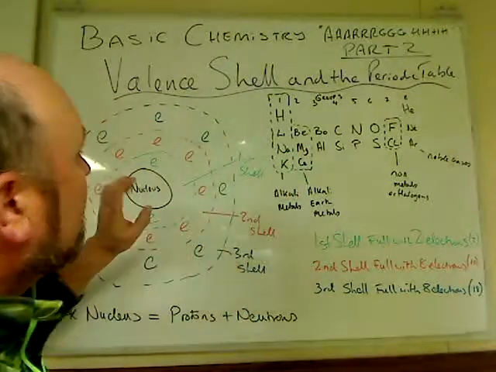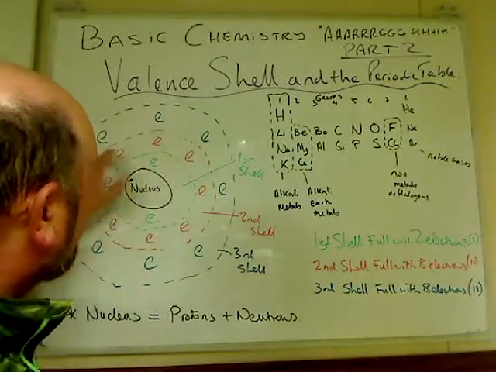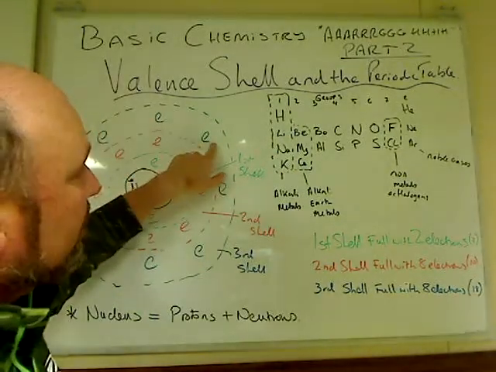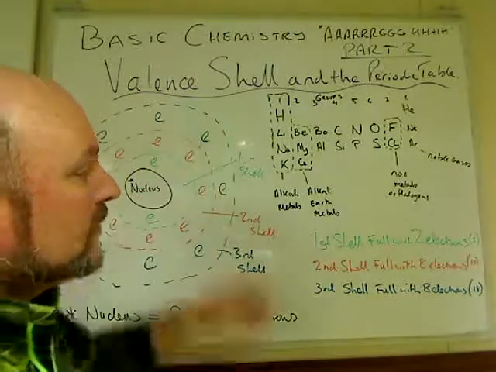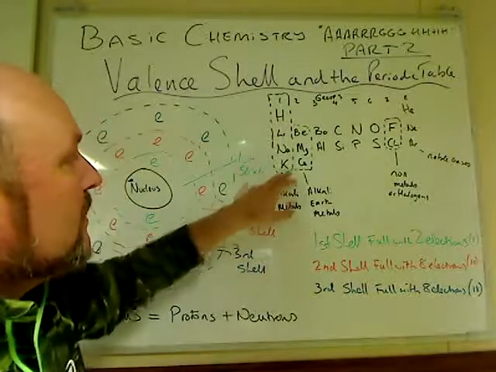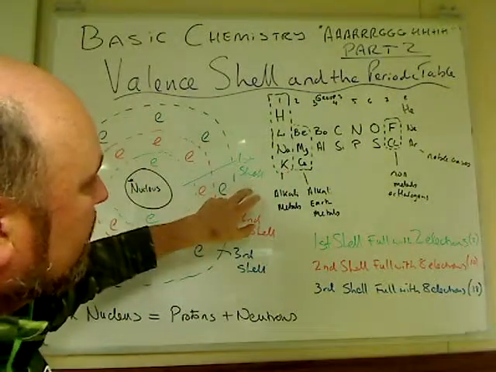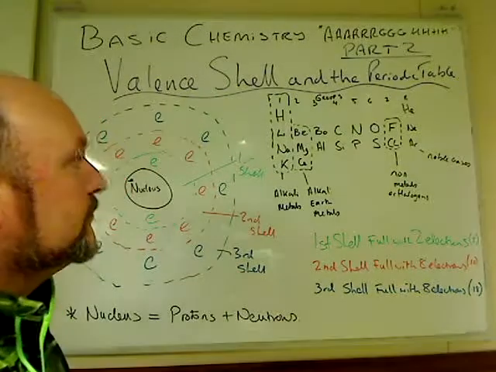Sodium. Sodium has 11, so it's got 2 plus 8, 10, and 1 in the third shell. Again, it's just got 1 electron sitting in that outside shell. Potassium, again we take it out another 1, and we end up with 1 in the fourth shell.